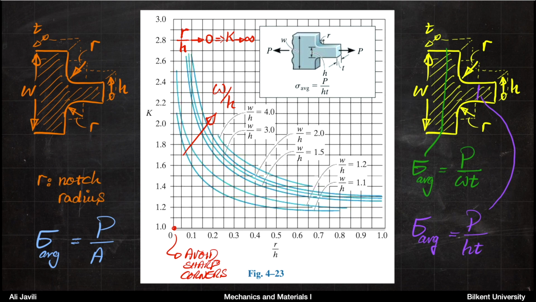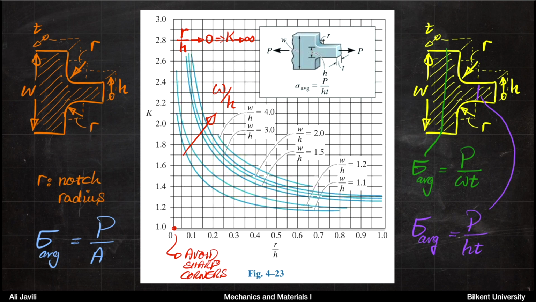So again, in this case, when you want to calculate the sigma average, the stress average, you divide the force by the smaller area, so HT, and then for each ratio of fillet radius divided by H, you get a different stress concentration factor, but also you can imagine the ratio of W over H is changing this problem.